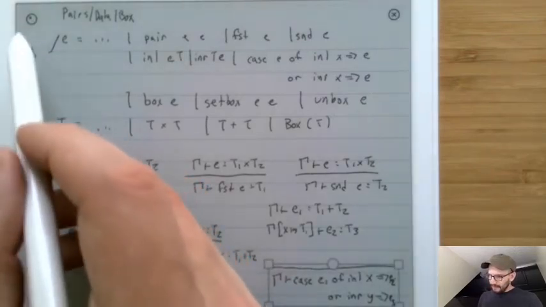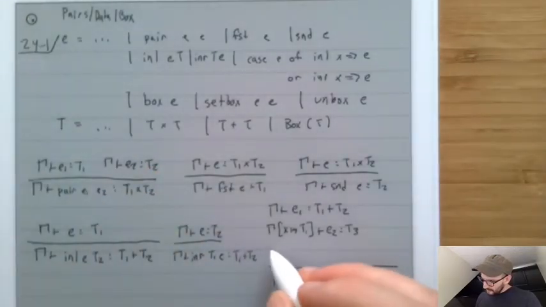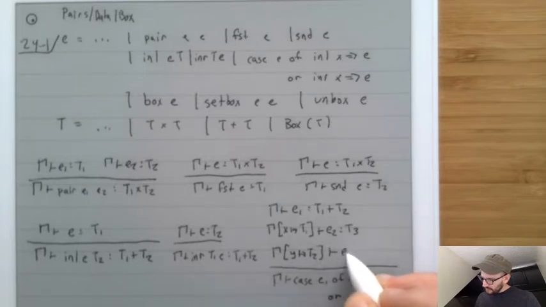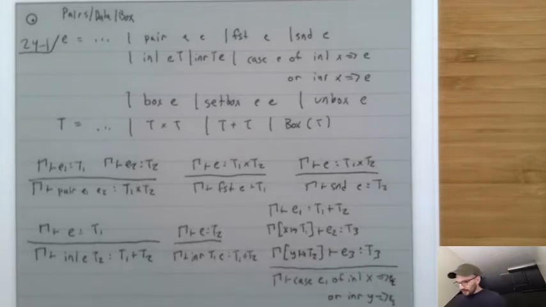Now we'll write the next rule in there. The next rule says that gamma extended with a mapping from y to T2 also shows that E3 has type T3. Now notice what this means is that, like an if, both sides of the case have to return the same kind of thing.